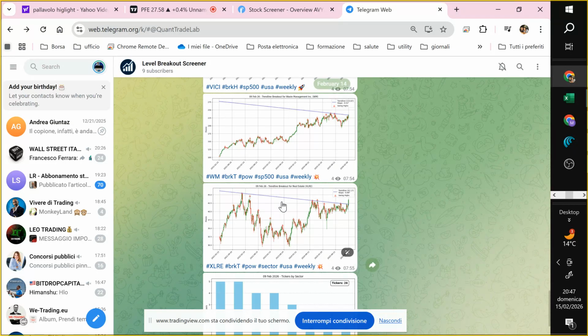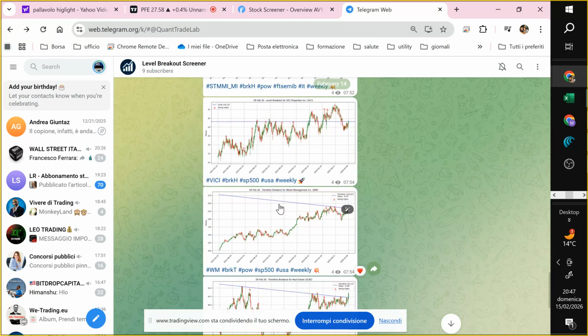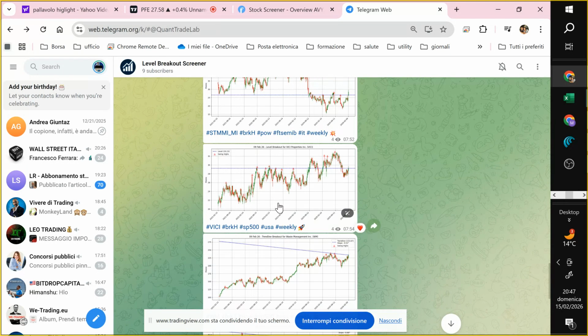But in other weeks we saw that we can have a confluence of signals at the same time, and we prefer those situations because we notice that there is a good structure.